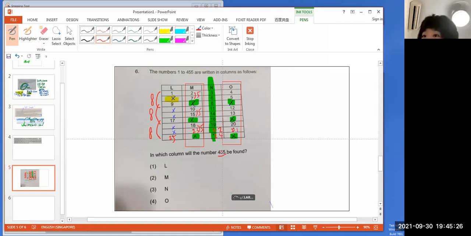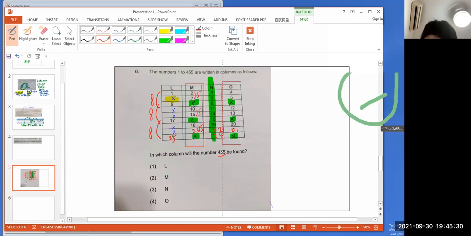So they asked for 455, right? Which column will 455 happen in? I think definitely not N already, because in N there is no 5.